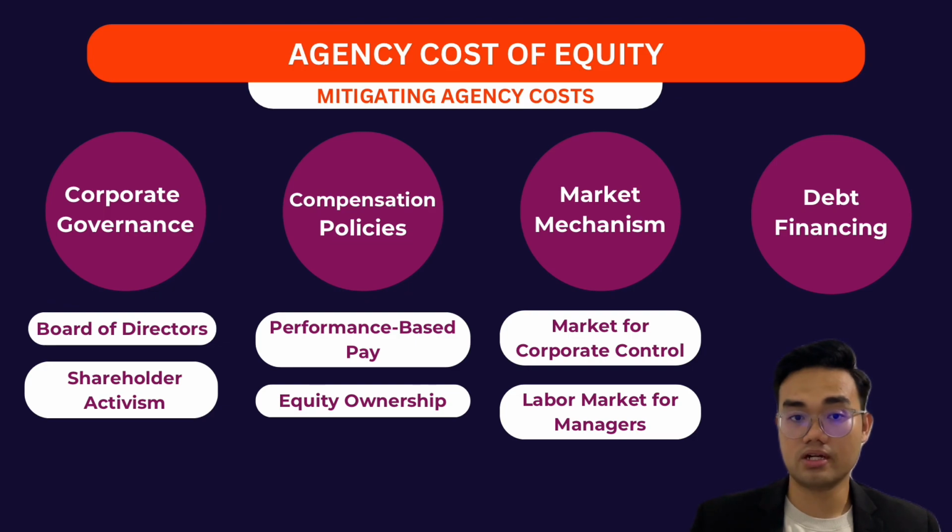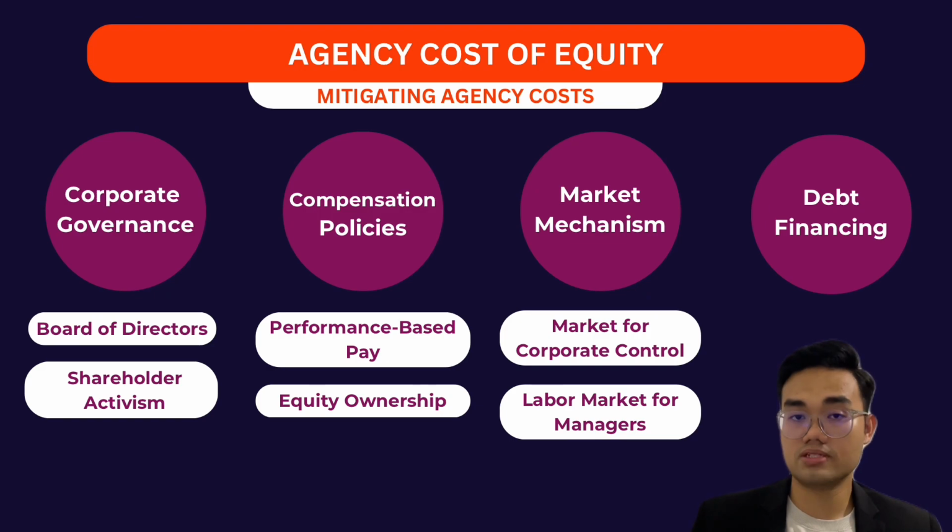In terms of corporate governance, it can be categorized into two: board of directors and shareholder activism. In terms of board of directors, an effective and independent board can provide oversight and align managerial actions with shareholder interest, while for shareholder activism, active shareholders can influence management decisions and push for changes that enhance value.